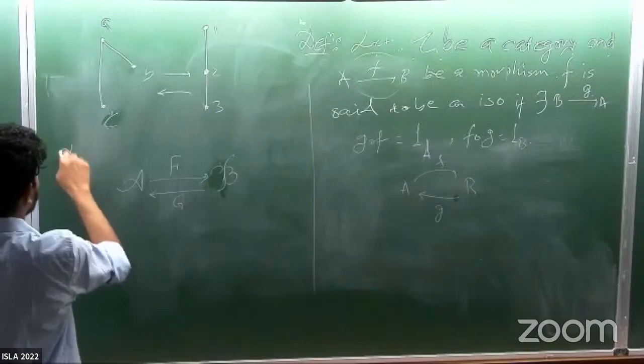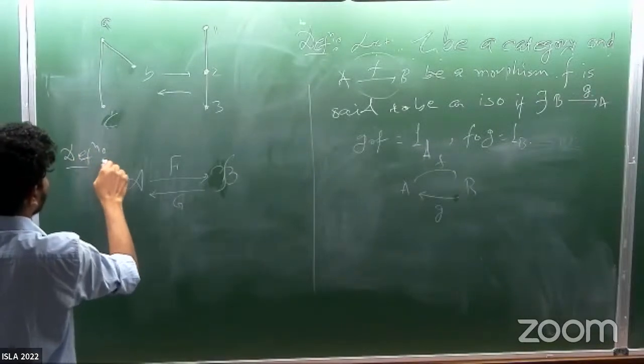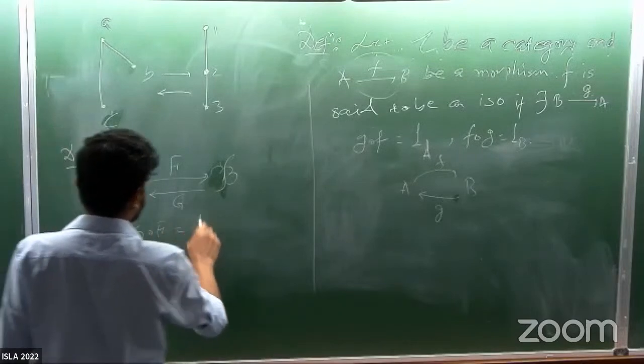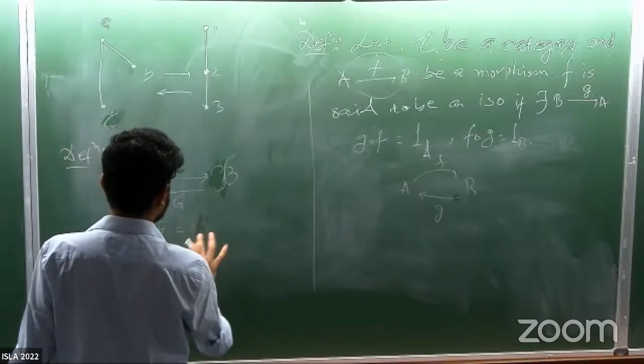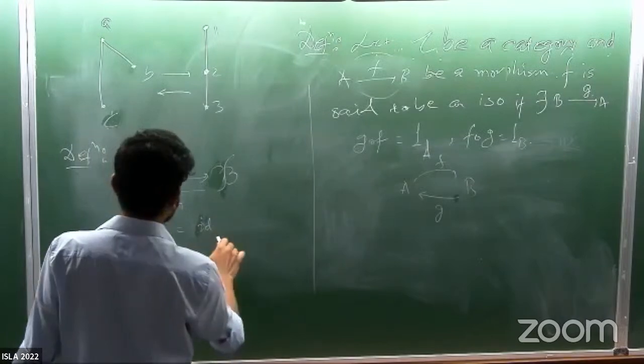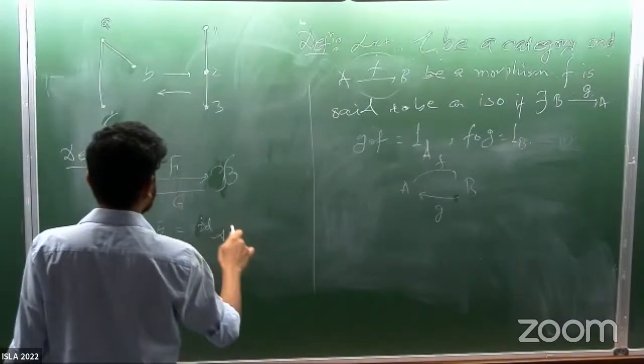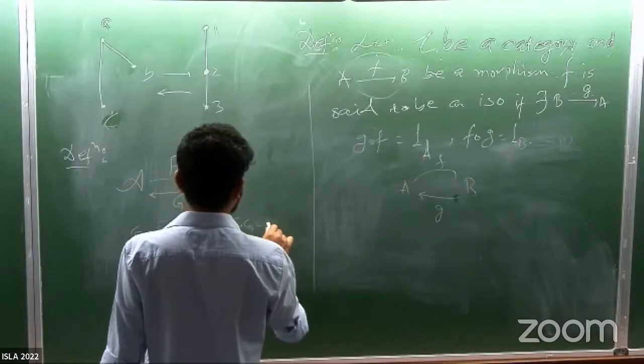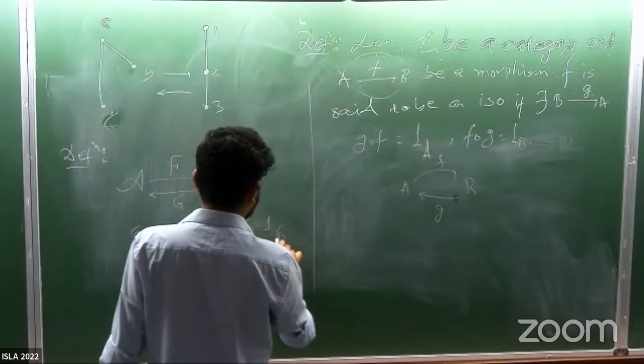So you can call it a definition maybe, but I'm not going to explicitly write that. If G compose F is identity functor, or ID on A, and F compose G is identity on B.